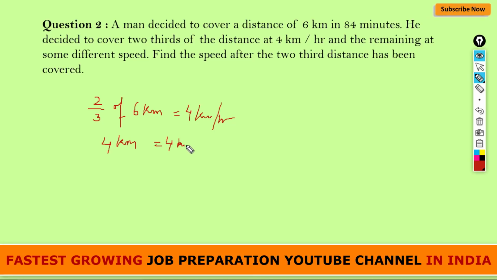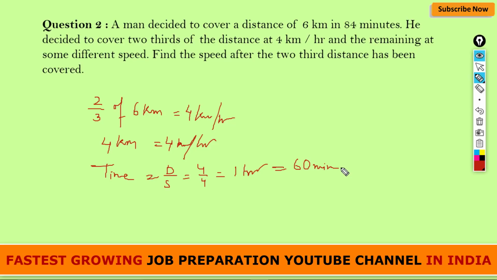Now, what is the time taken to cover this 4 km? Very easy. Time equals distance by speed, that is 4 by 4 km per hour, equals 1 hour. Let us convert into minutes. 1 hour equals 60 minutes, because the time is given in minutes.